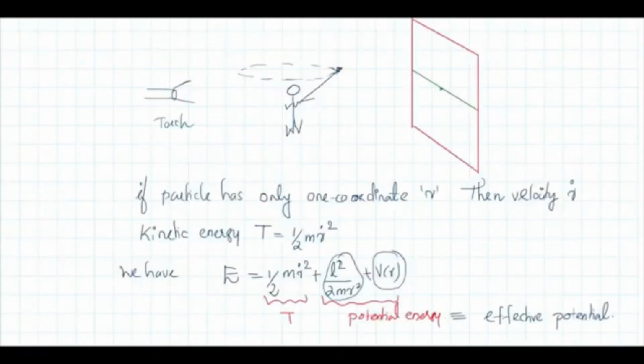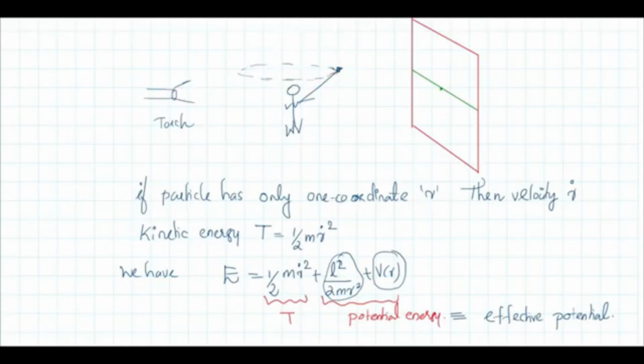Now consider this case, where a particle is attached to the end of a string and the other end of the string is in your hand, and you rotate this particle in a circle. The particle is now moving in a horizontal circle, with the axis vertical.